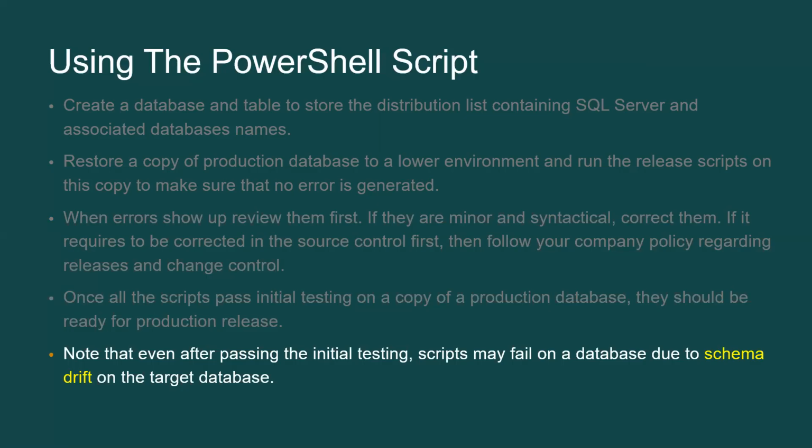That can be caused by what we call schema drift, where some databases may have a schema that's not consistent with the source control, or the same as other databases. For testing, you use just one or two databases, but you may be deploying to 20, 30, 50 databases or more. So one or two databases are not representative of the total number of databases in your environment, and you need to be aware of these circumstances.